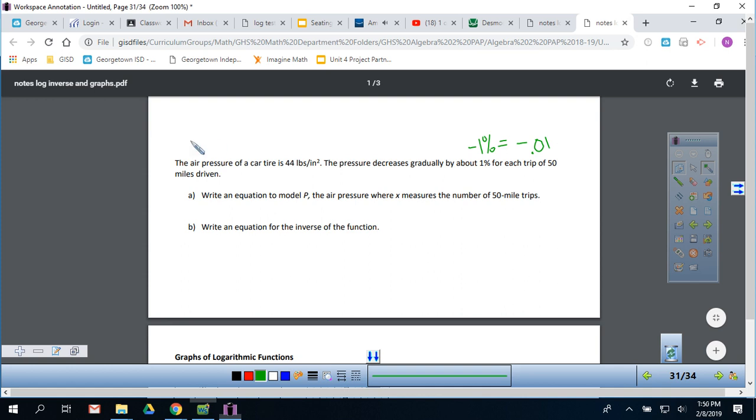Continuous. So we're going to use the continuous formula, A e to the rt, where t is the number of 50-mile trips. So how much pressure are we starting with? 44. What's our rate? How fast are we losing air?